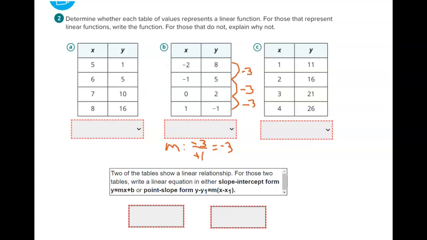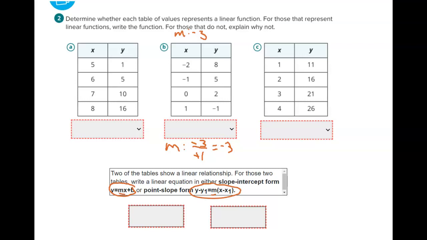Let me get rid of some clutter here. So far what we know is that our slope is -3. Now, these two forms both have slope. So, because this right here, the m, that's slope.